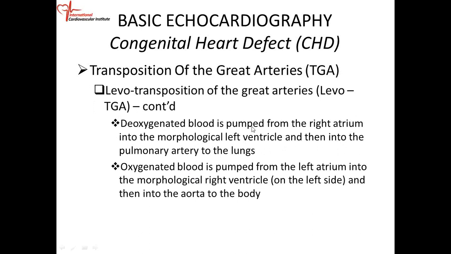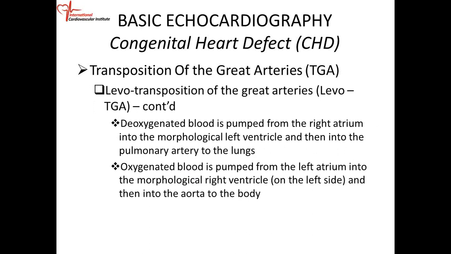So you're getting your deoxygenated blood from the superior vena cava and inferior vena cava flowing into the right atrium, but the right atrium is going to pump blood into the left ventricle, and then the left ventricle is going to pump blood into the pulmonary arteries to the lungs. And then on the left side, oxygenated blood coming from the lungs is going to flow into the left atrium because it's in a normal position, but it's going to empty into the morphological right ventricle, which is now on the left side. And that morphological right ventricle is going to pump blood into the aorta.